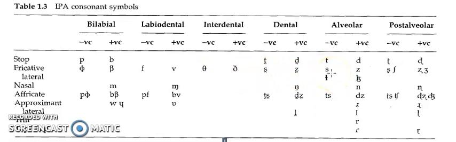So instead of think, we would say sink. And we could do the same thing with the voiced interdental fricative. Instead of the, we might get z.